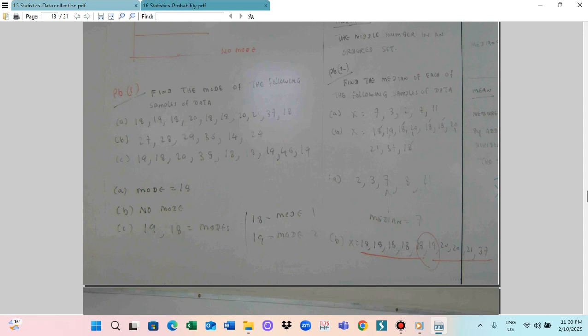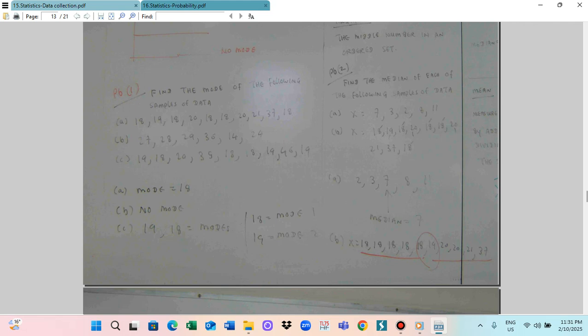So we start from the smallest one, which is 18. One 18, and another 18, and 18, and 18. So you have to count five 18s.